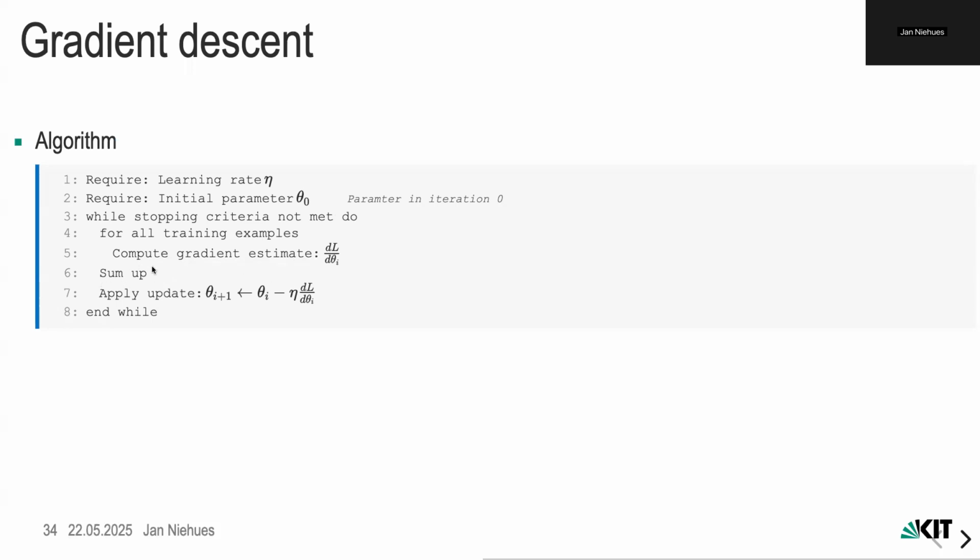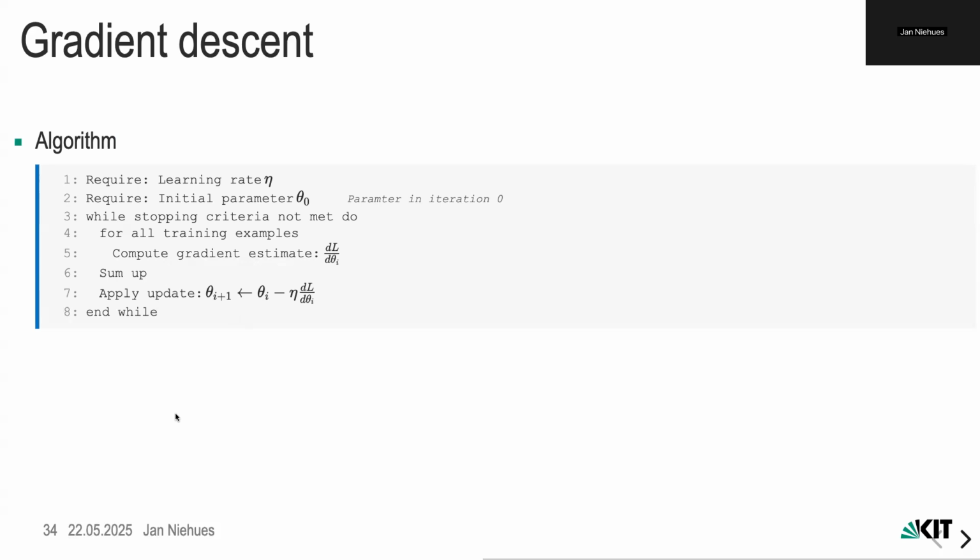Then you sum up all of them, as we had in the picture before. So every time you do your backward pass, you add up your gradients, and then you apply your update rule. Your new parameters are the old ones minus the learning rate times the derivative, and you're doing that repeatedly and repeatedly again.